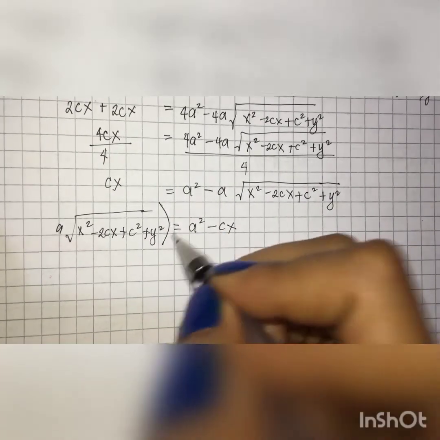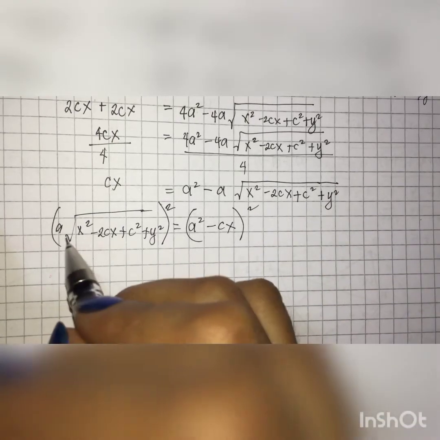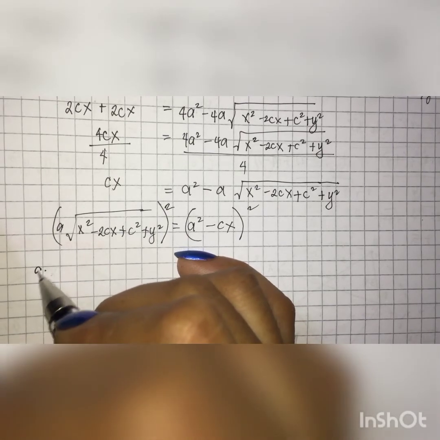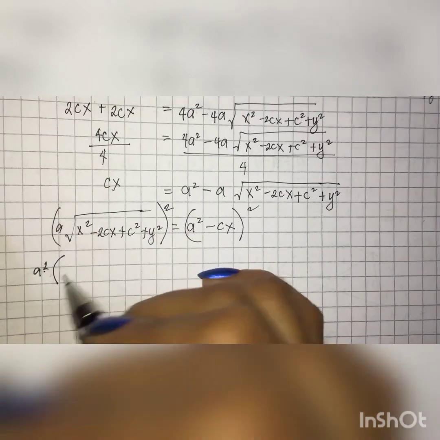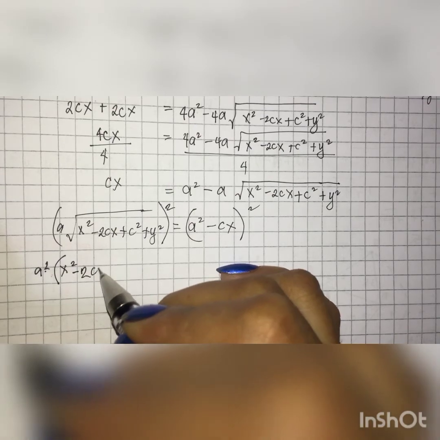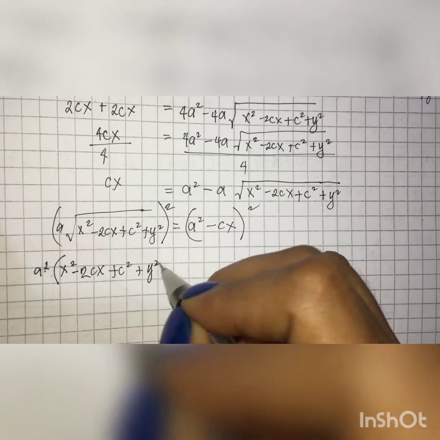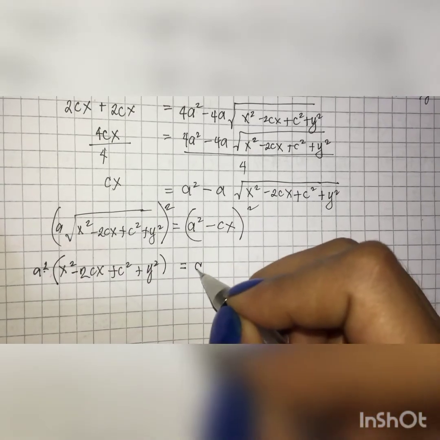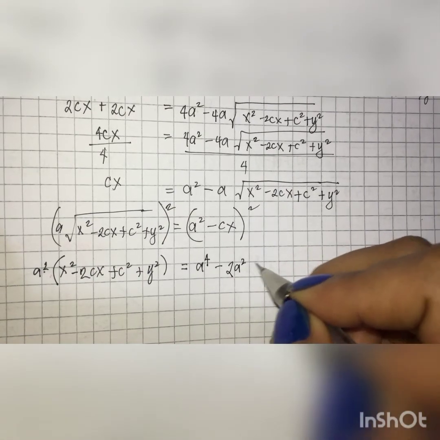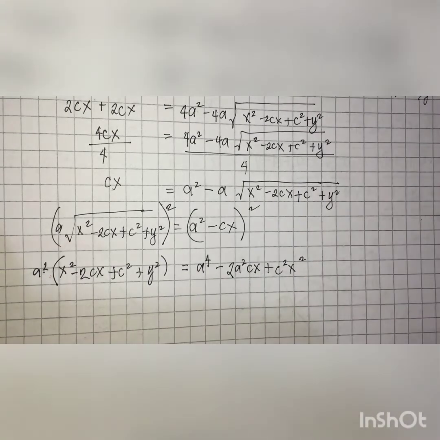Then let us get the squared equation. So a squared times x squared minus 2cx plus c squared plus y squared is equal to a raised to the power of 4 minus 2a squared cx plus c squared x squared.